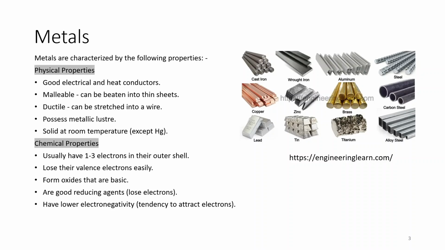These all act as basic, and these are good reducing agents. They lose electrons easily, that's why they are reducing agents. They have lower electronegativity. Electronegativity can be defined as the tendency to attract electrons. So they have lower electronegativity, so they don't attract electrons.